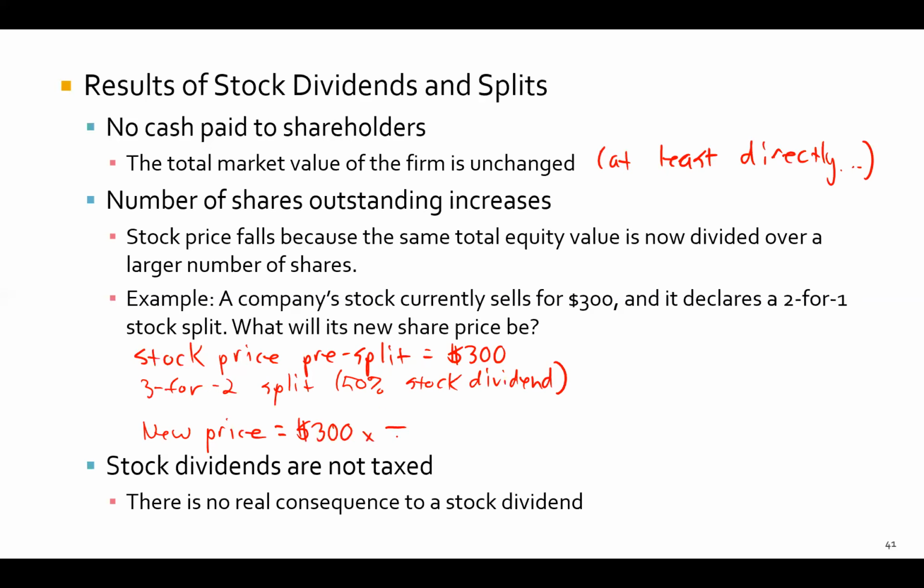For every 2 shares that you had previously, those 2 shares become 3. Let's say you hold 2 shares of stock. That's a $600 value.